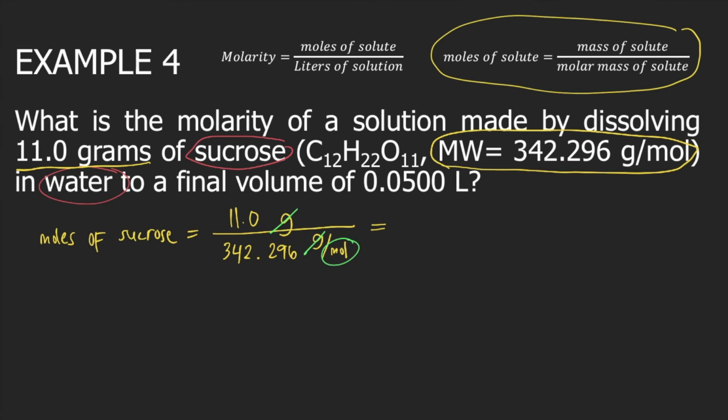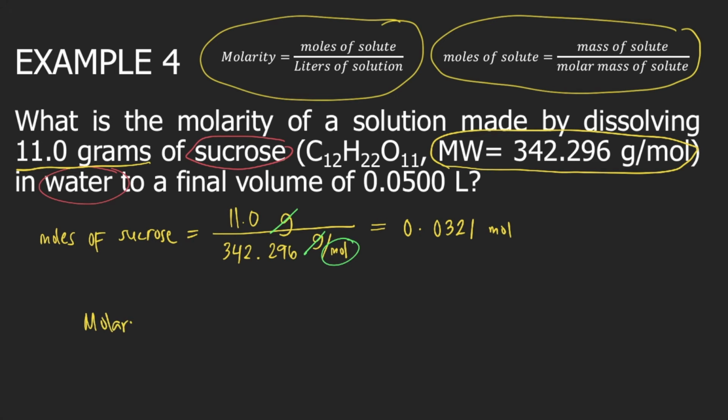So 11 divided by 342.296, this is equal to 0.0321 moles of sucrose.